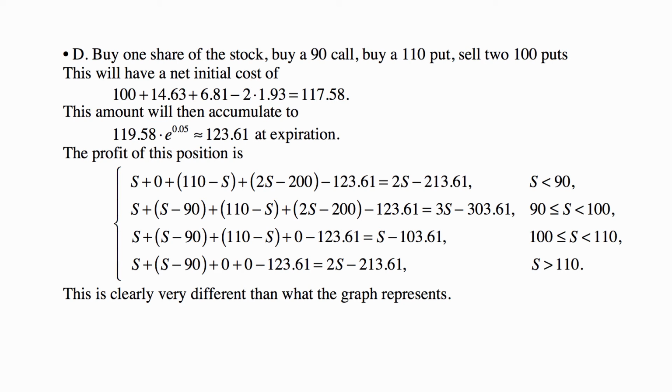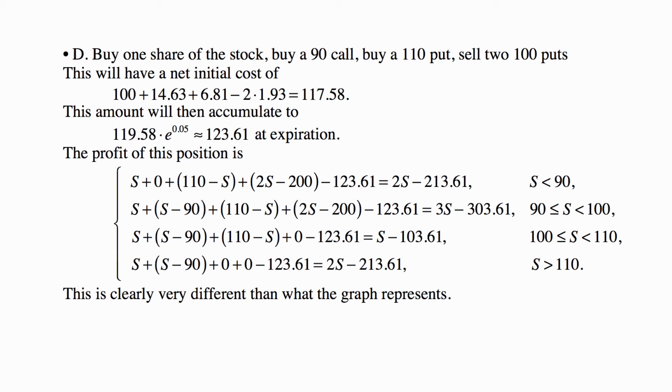That ends up being 2S minus 213.61 for S less than 90. Now remember, in the graph, you have a constant value for S less than 90. So just this part tells you immediately this is not the pattern that we see in the graph.